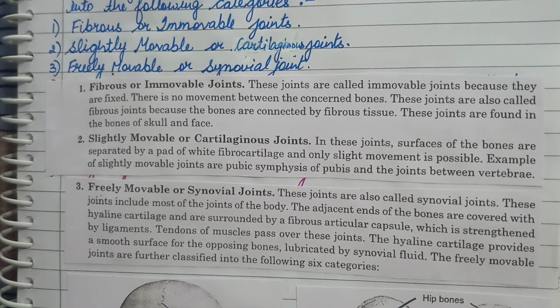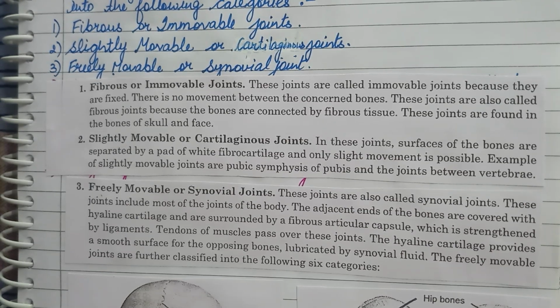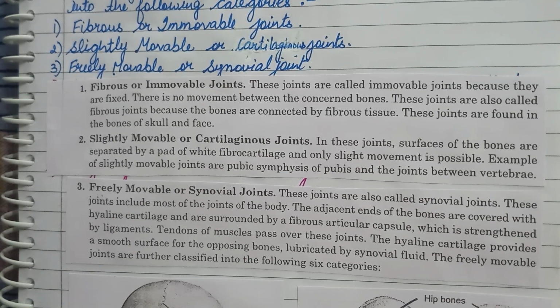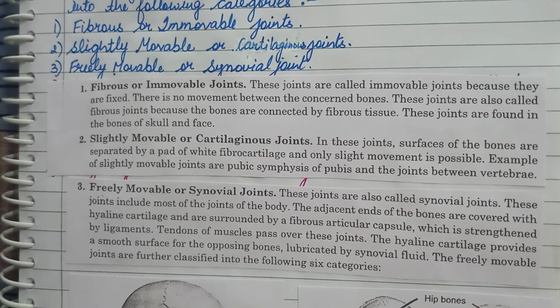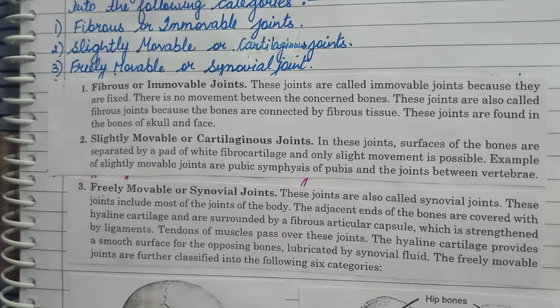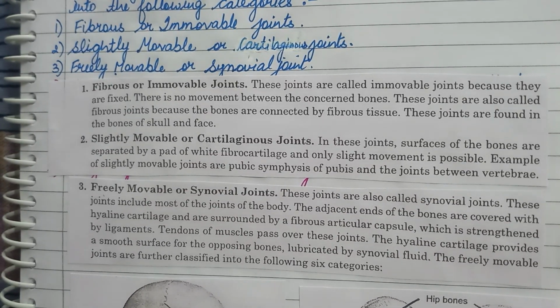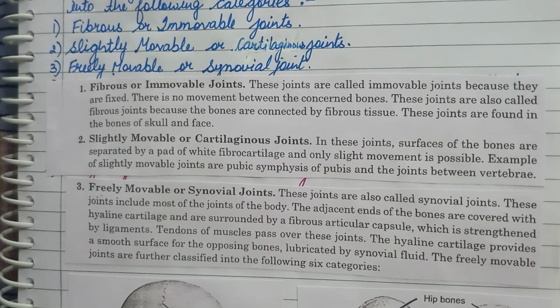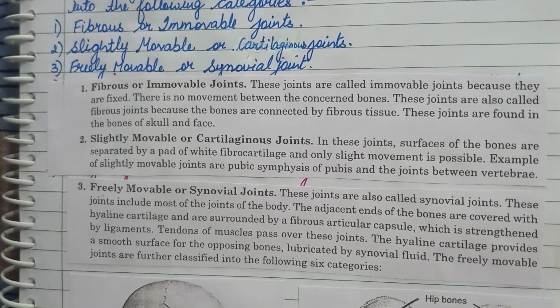Third, freely movable or synovial joints. These joints include most of the joints of the body. The adjacent ends of the bones are covered with hyaline cartilage and are surrounded by a fibrous articular capsule, which is strengthened by ligaments.